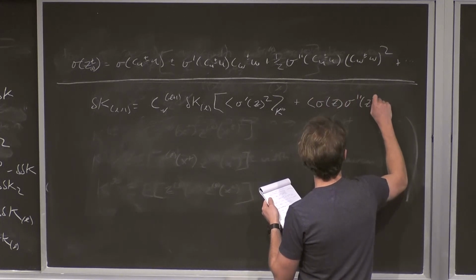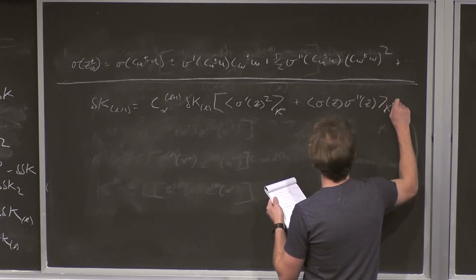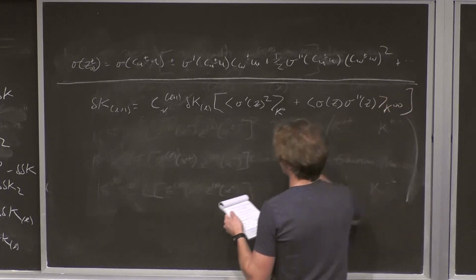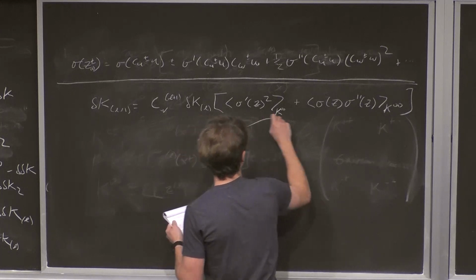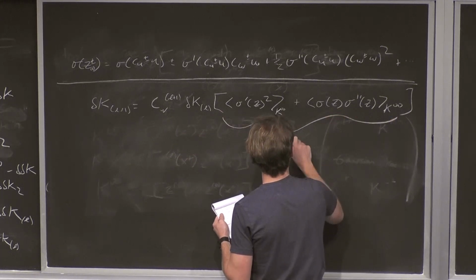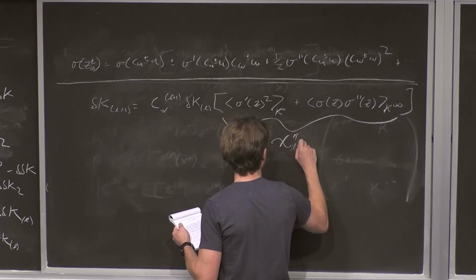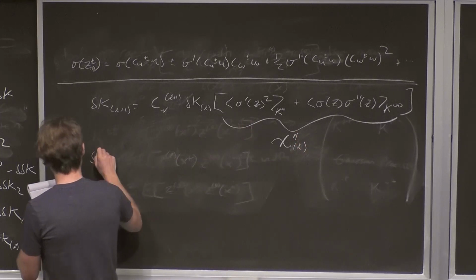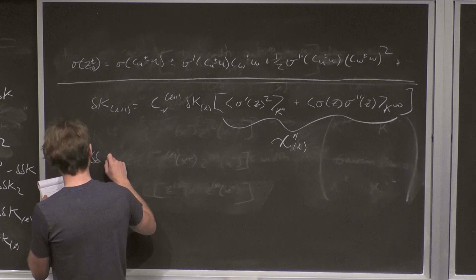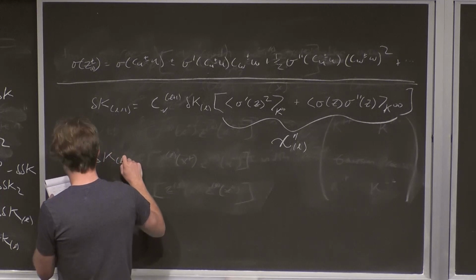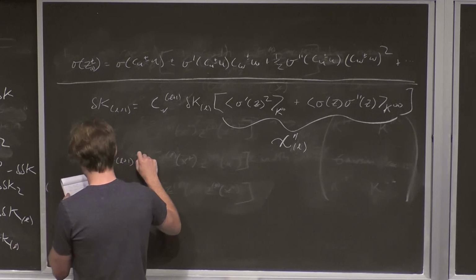So we get some expression for delta k. This object here I'm going to define as chi parallel, for reasons that will become clear in a second, at layer L. And then for delta delta k, we get a slightly less nice expression.